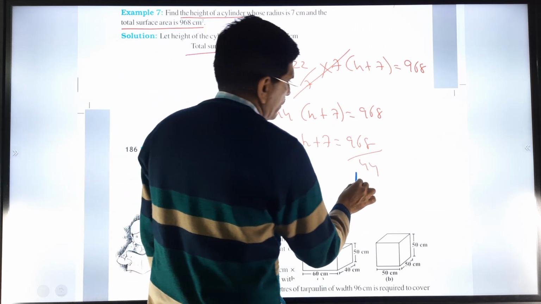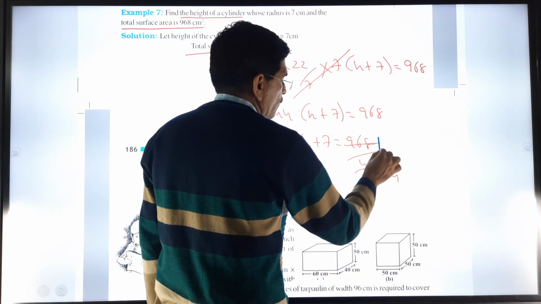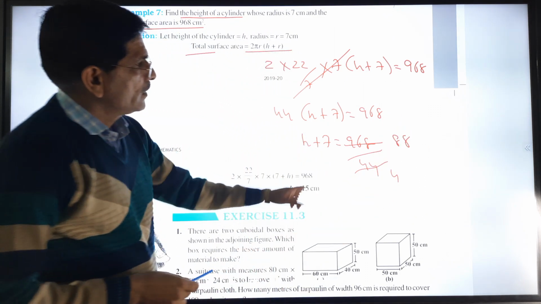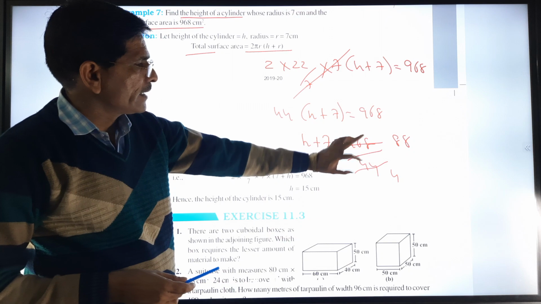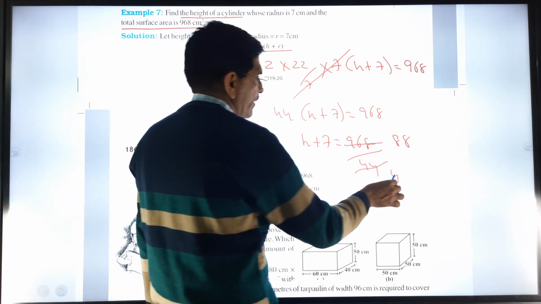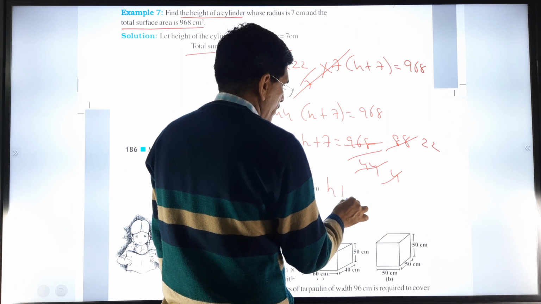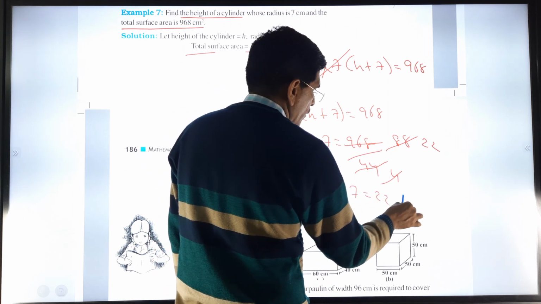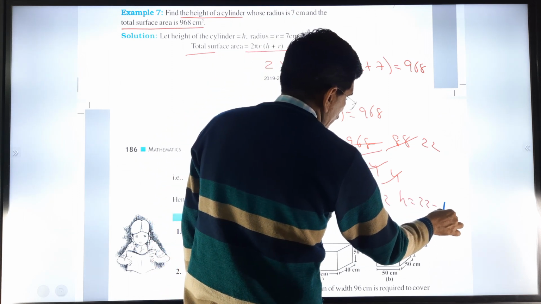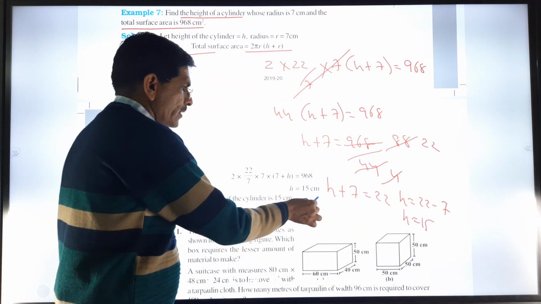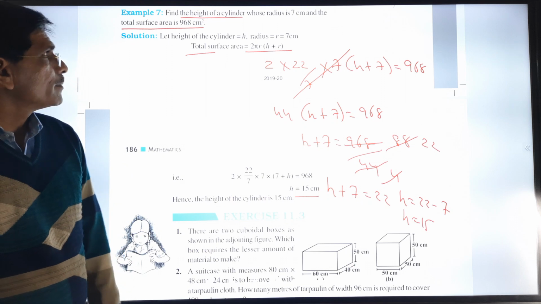If I divide, 11 into 4 is 44, 11 into 8 is 88, again remain 8, 11 into 8 is 88. If I divide it by 4, then 22. So h plus 7 is equal to 22. Therefore h is equal to 22 minus 7. Therefore h is equal to 15. So here it is 15 centimeter.